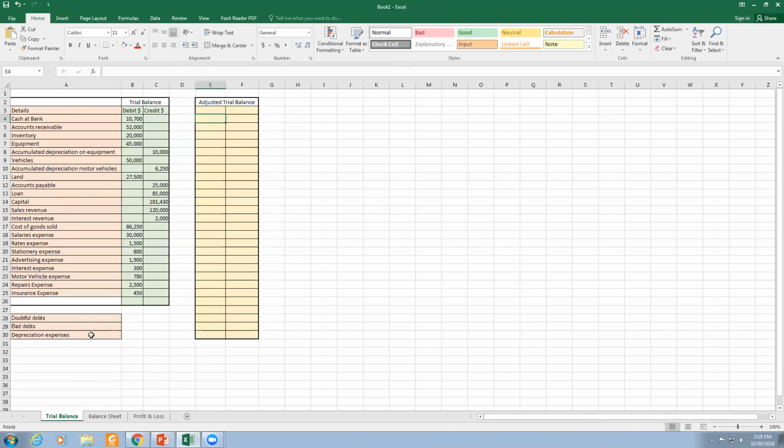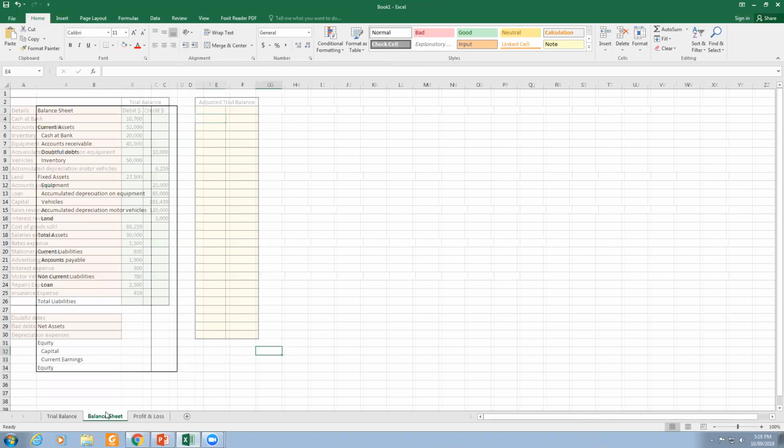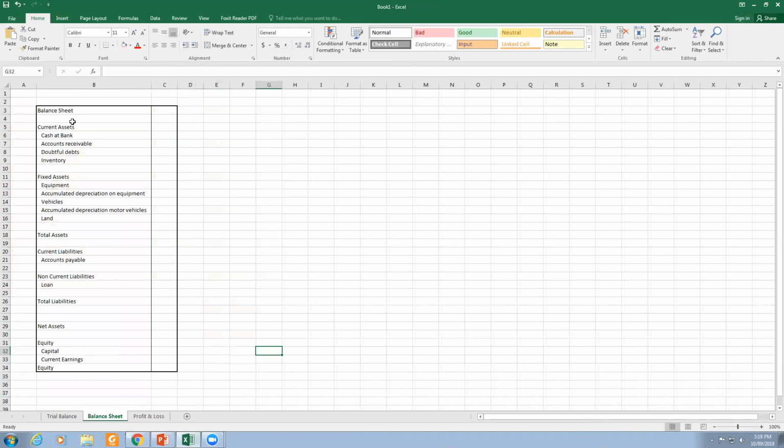That's it. And then what we need to do, the main part, is the balance sheet. By now I'm expecting that everyone knows the structure of a balance sheet. Firstly, it goes the current assets, then fixed assets, then add these two, you will get the total assets, right?